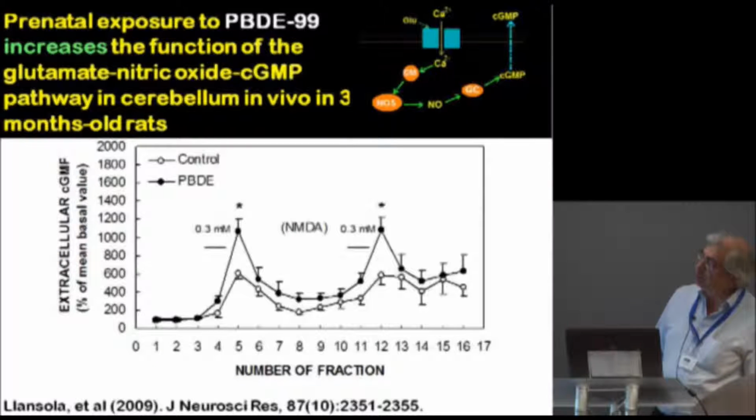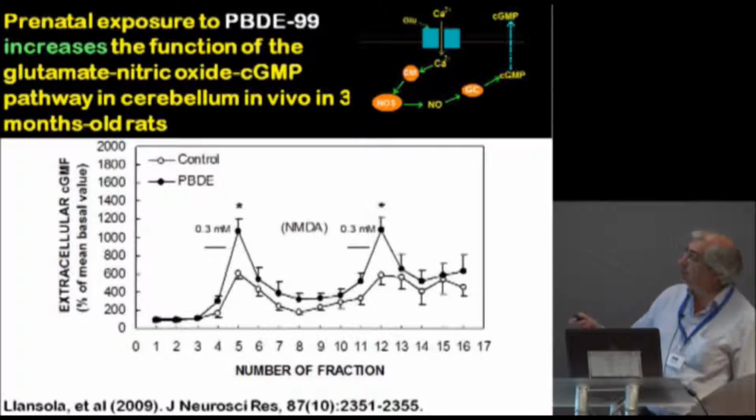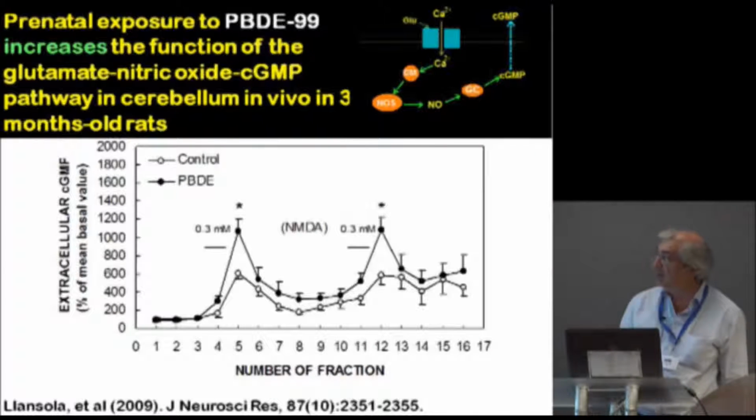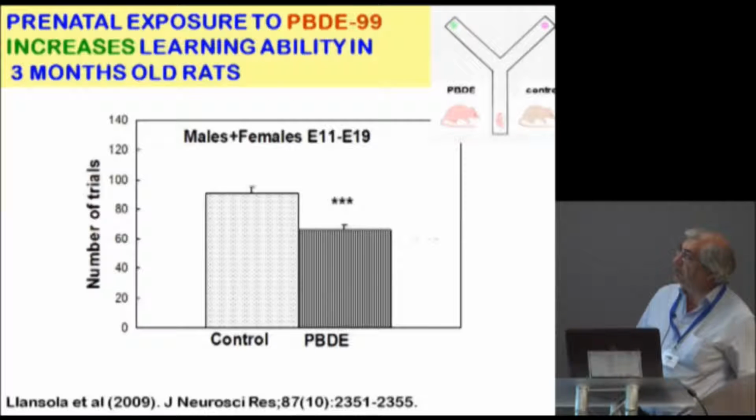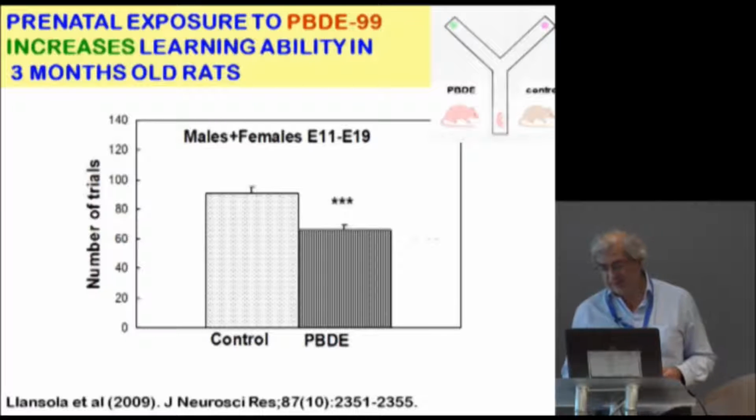But in rats exposed to PBDE, the increase is larger. The function of the pathway is better because this treatment increases the amount of calmodulin, and these rats need fewer trials than control to learn the task. Therefore, improvement of the function of the pathway reduces the time needed to learn the task.